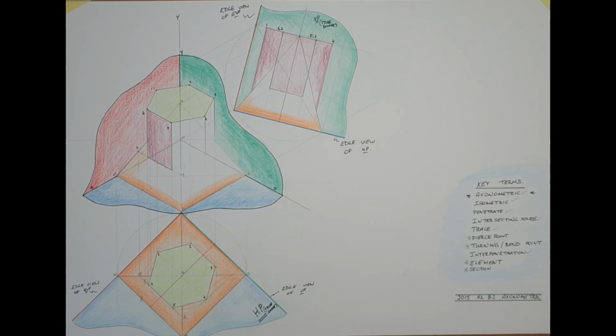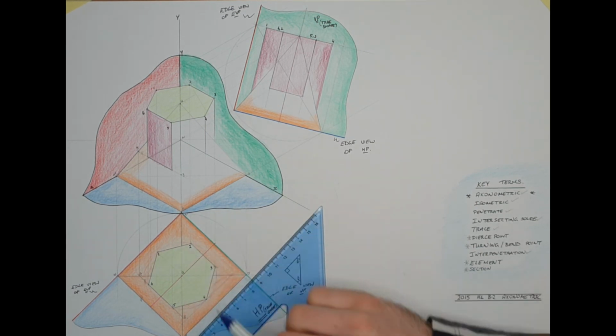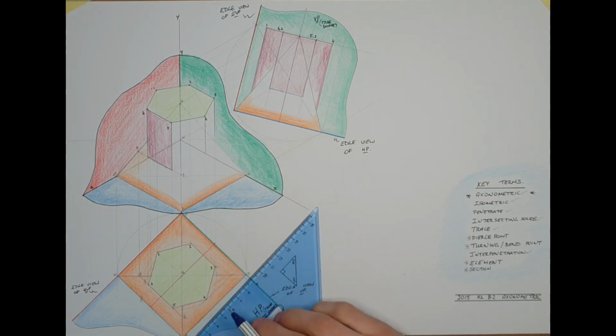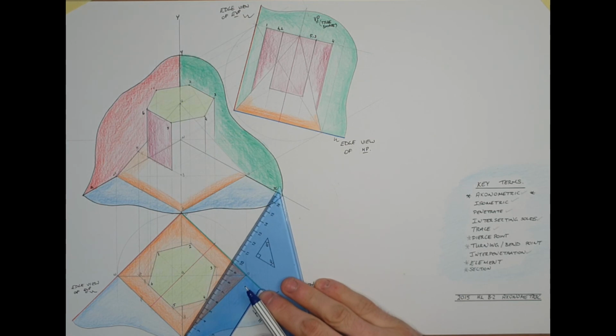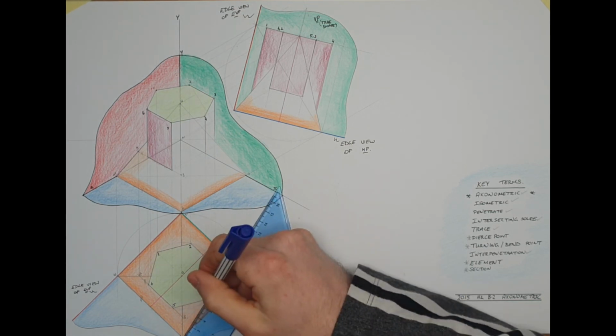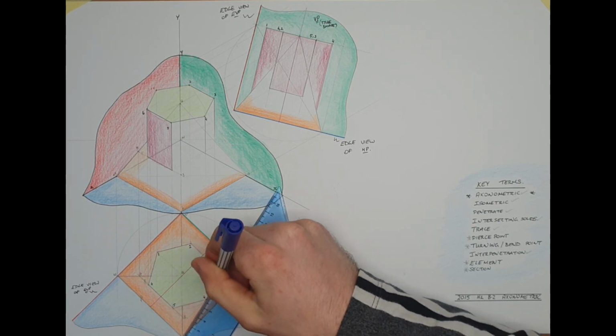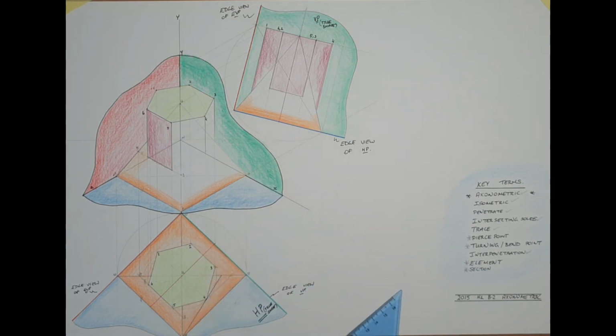A line on the surface is called an element. So if I can put a straight line on the surface, what have I got? M, N, O, that's point P. A straight line from point P through point 4. So 4 to P, and I keep this as accurate as I can. That's a straight line on the surface.